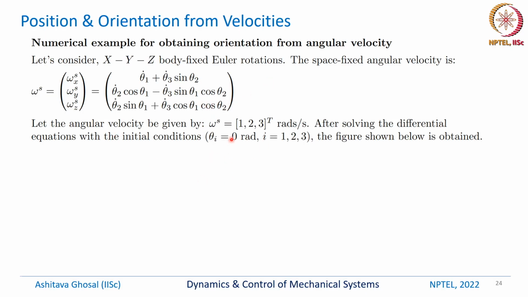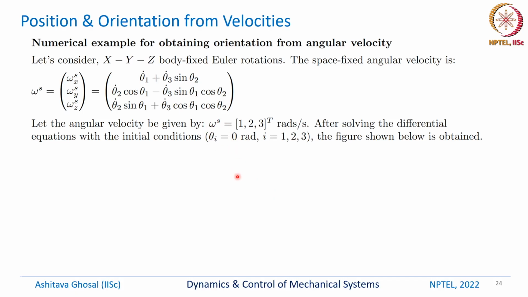So as an example, let's assume that the space fixed angular velocity vector is given as 1, 2, 3. So it's a vector. X component is 1, y component is 2, z component is 3. Again, arbitrarily chosen. And the left hand side is given, we need to integrate these three equations. We have to assume some initial condition. Let's assume that the initial conditions are all 0.